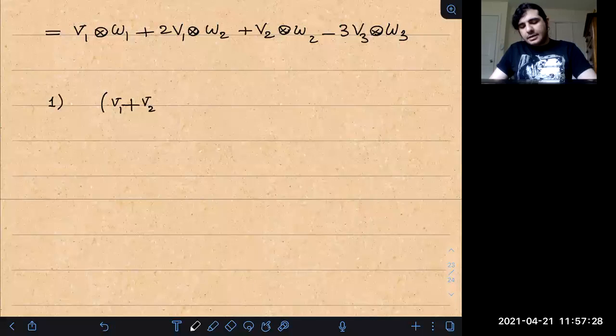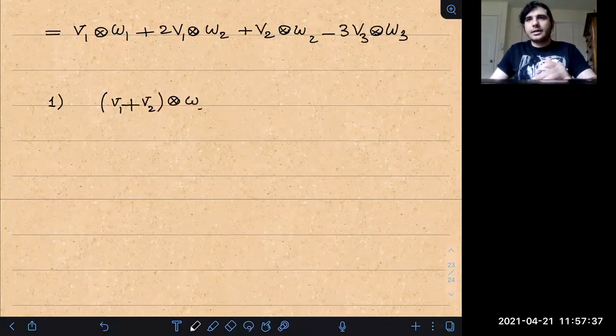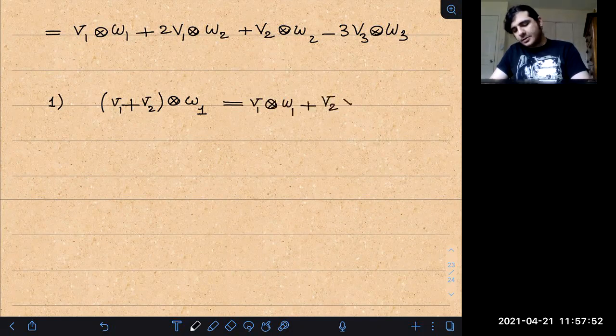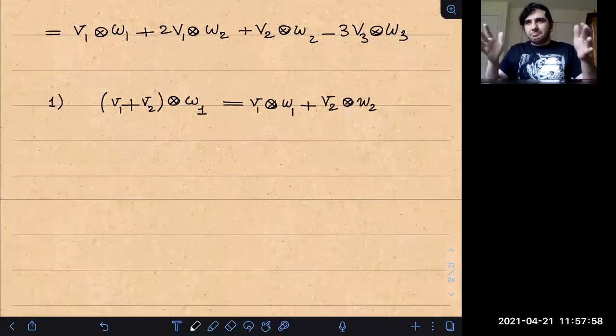And I can look at the tensor of that vector with another vector, say W1, inside the vector space W. Now, the first rule says this is equal to V1 tensor W1 plus V2 tensor W1. That's the first rule.